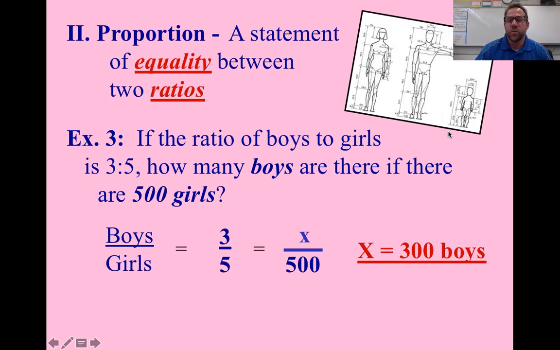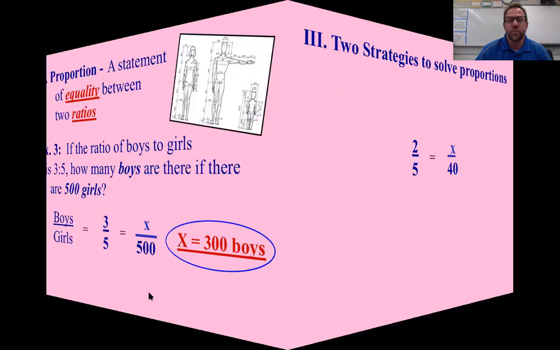That is going to equal 300, right? So 5, we leapfrogged to 500, and then over here, 3, we leapfrogged to 300. This is an example of a proportion. We're taking a small ratio and turning it into a big ratio. So this whole thing is called a proportion, and that X up here would be 300.